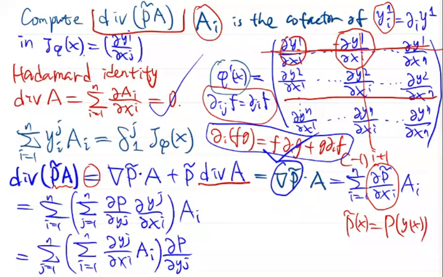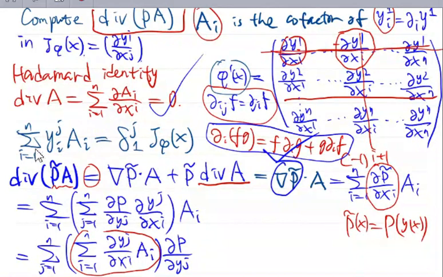Therefore, we can move the partial derivative of P with respect to yj outside. Then what's this? We look at this place. We know that if j is not 1, it is 0. Otherwise, it is just the Jacobian determinant.